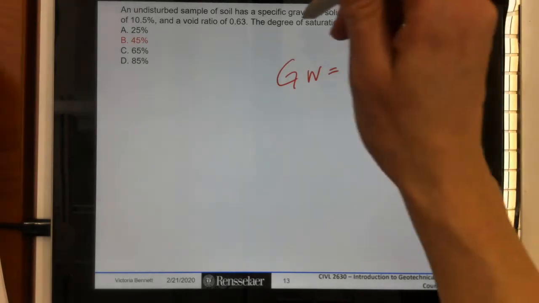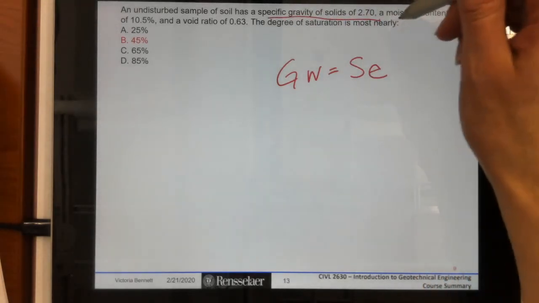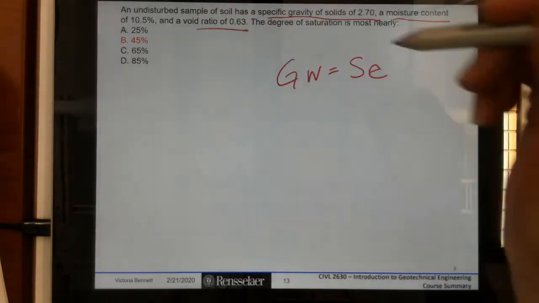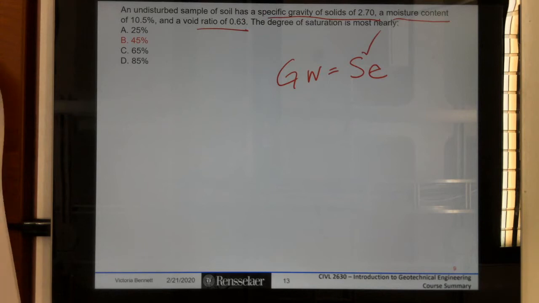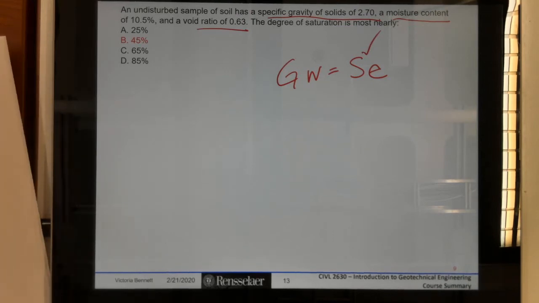Because we're given specific gravity of solids, a moisture content, and a void ratio, we can very quickly solve for saturation. And I think you're going to see one of these. Maybe it won't be as quickly evident, but I think they want to be able to ask you these kinds of questions. But this gets you through a little bit quicker.